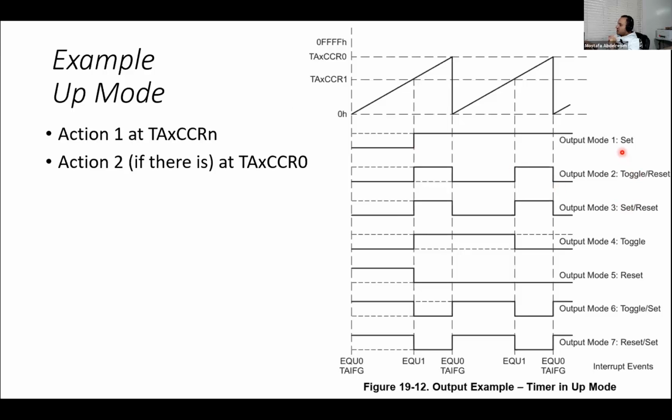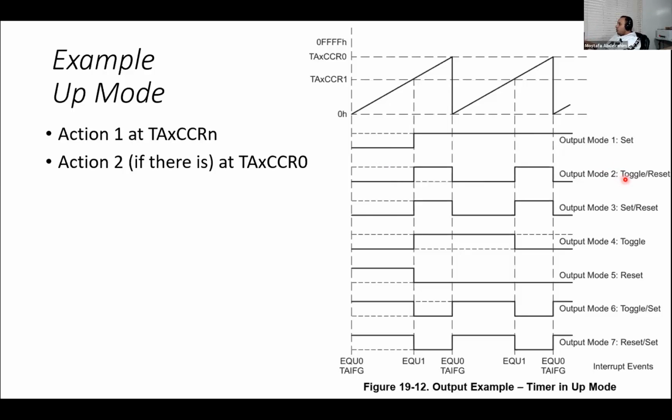Then you choose the set interrupt, which means whenever the timer value reaches some value that you write to some register called TAxCCRn, and as an example here, number 1 of them, then you set the output, you make it 1. If it was 0, it will become 1. If it was 1, of course, it will continue 1.